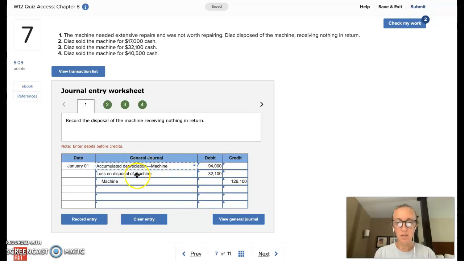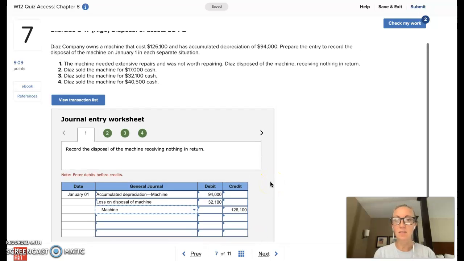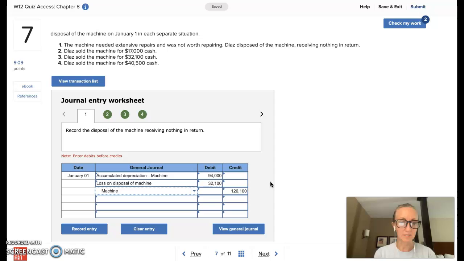So we'll say that the loss on the disposal of the machine, because we're not making a sale, we're just disposing of it, is $32,100. We'll debit those two amounts, and for the machine, we want to credit the total cost that we paid for it, which is $126,100.